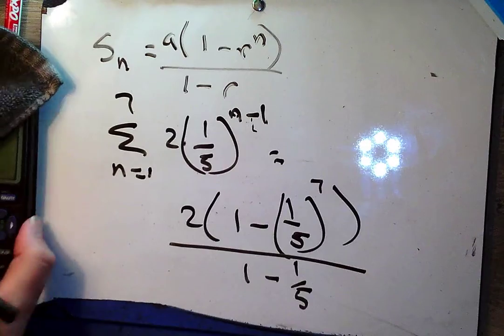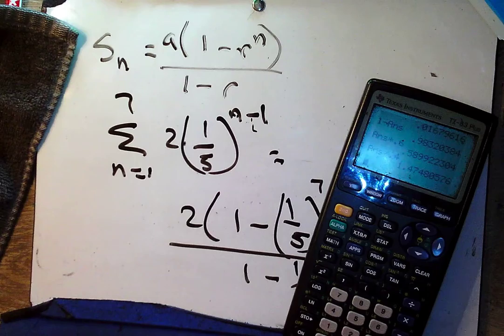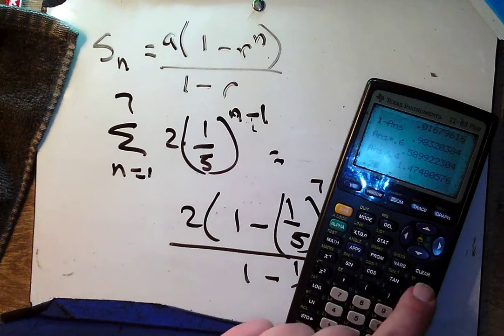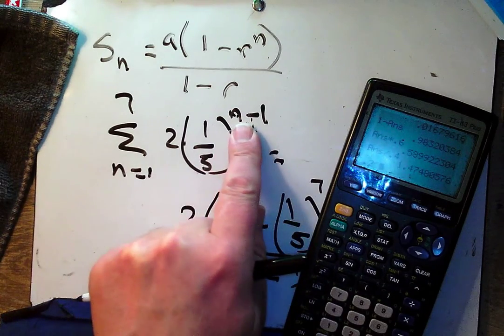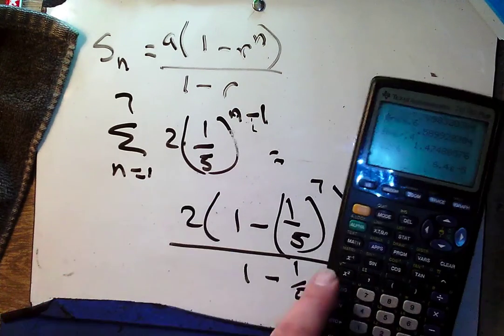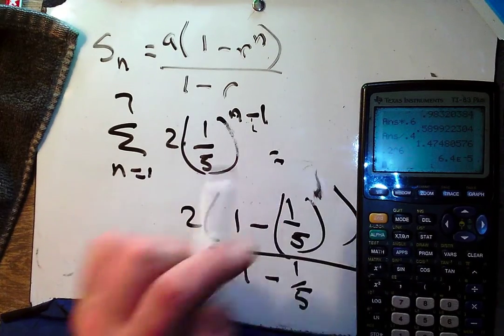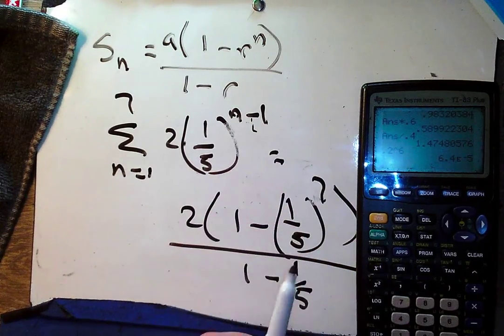Okay. So we've got 1/5, 0.2 raised to the 7th, sorry, 7.